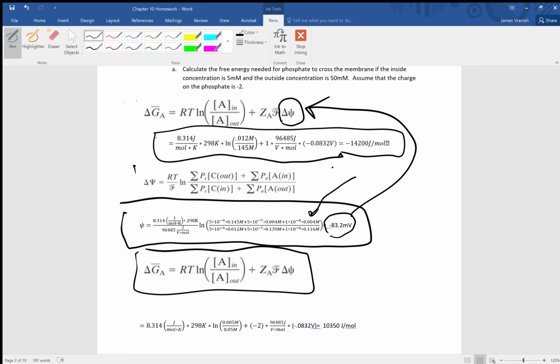Here we've already determined the value for delta psi. The only things that are different are the concentrations of the phosphate across the membrane and our value for Z, because the charge of phosphate is -2. So we plug that in, solve this whole equation, and we get a value of 10,350 joules per mole.